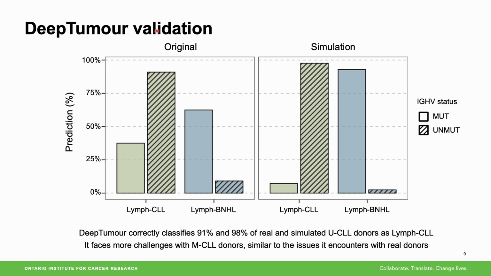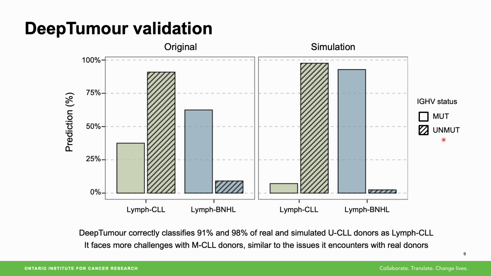To confirm that, we decided to use DeepTumour, a machine learning algorithm that predicts the tumor type of origin using the list of somatic mutations. In this case, it is important to mention that CLL has two main subgroups, depending on the mutational state of the immunoglobulin genes, mutated CLL and unmutated CLL.